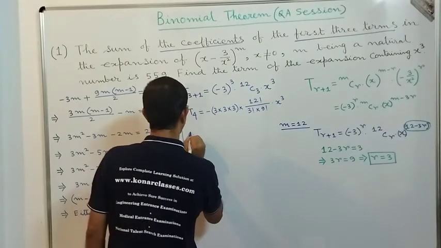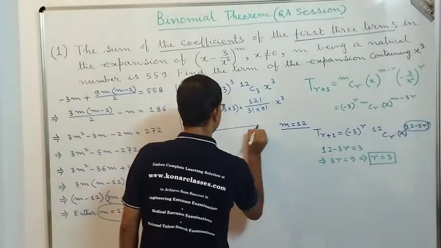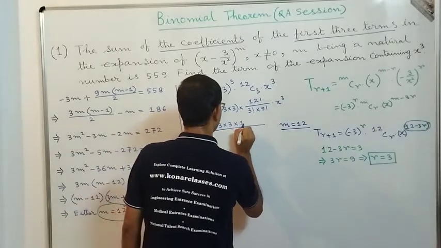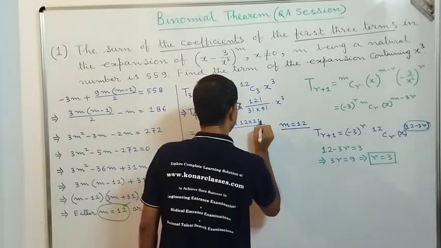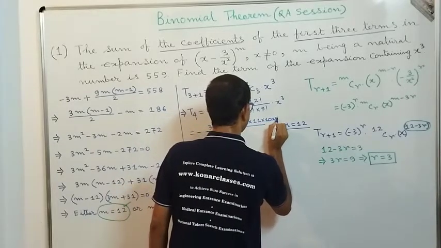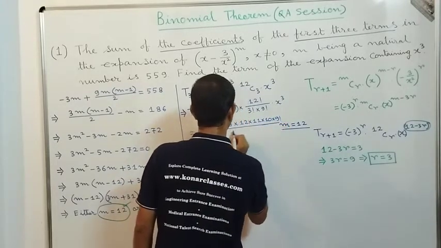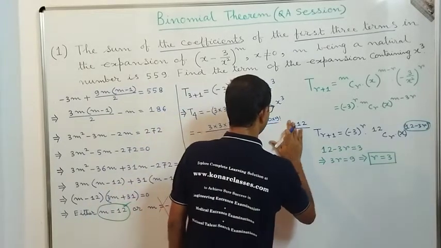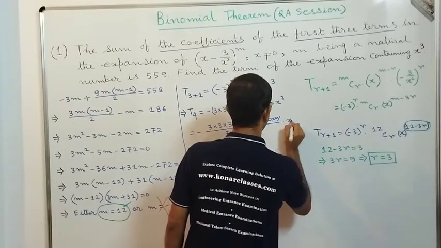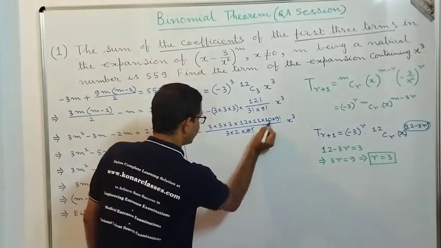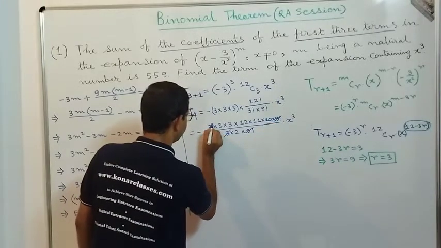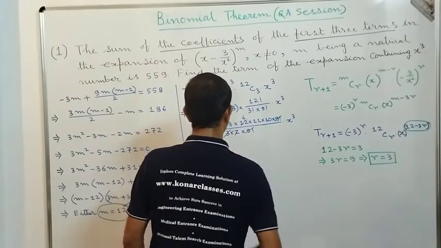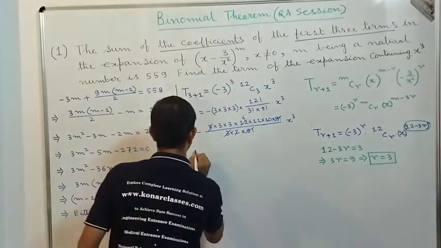So we can write this is equal to minus 3 into 3 into 3 into 12 into 11 into 10 into factorial 9, divided by 3 into 2 into factorial 9, into x to the power 3. So the factorial 9 got cancelled, 3 and 3 got cancelled, 2 and 6 got cancelled, this 2 and 12 got cancelled, you get 6.